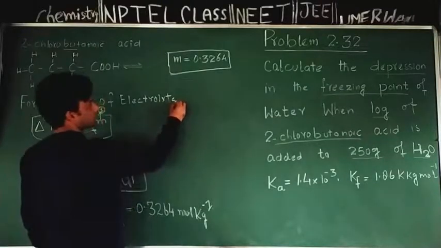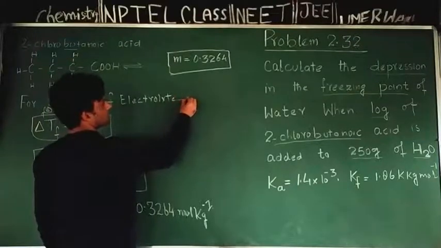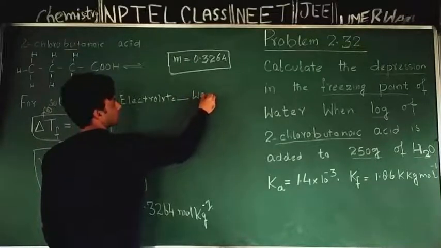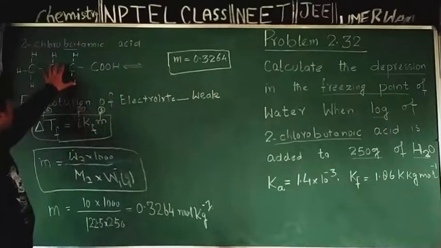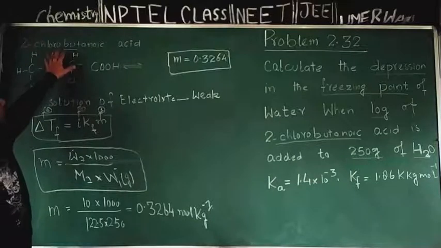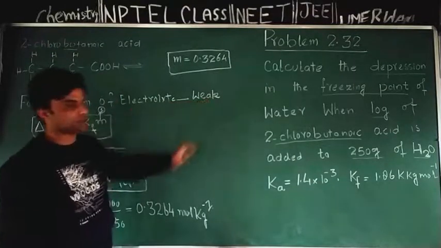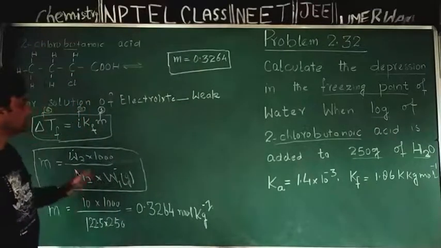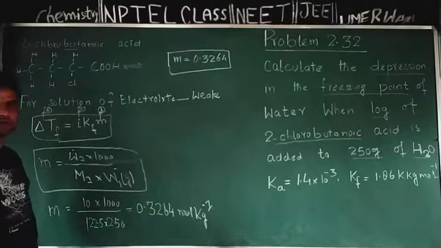Now remember that 2-chlorobutanoic acid is electrolyte and it is weak electrolyte. 2-chlorobutanoic acid having this structural formula is weak electrolyte. It is not completely ionized in solution.